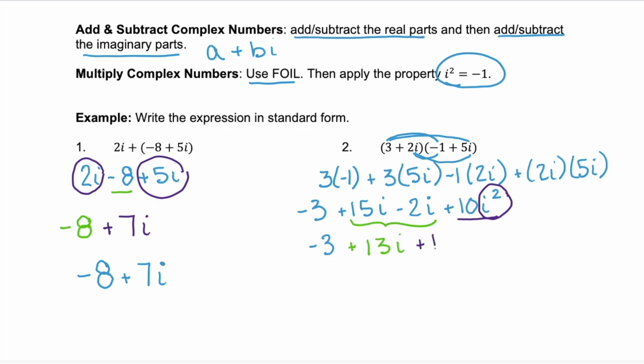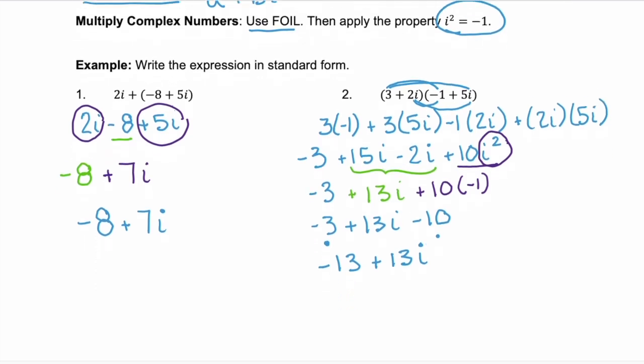So this is plus 10 times negative 1. So we simplify a little further. Negative 3 plus 13i. 10 times negative 1 is minus 10. Now we have another real number, negative 10, that needs to be combined with the negative 3. So we get negative 13 plus 13i. Now it's in standard form, a real number plus an imaginary part.